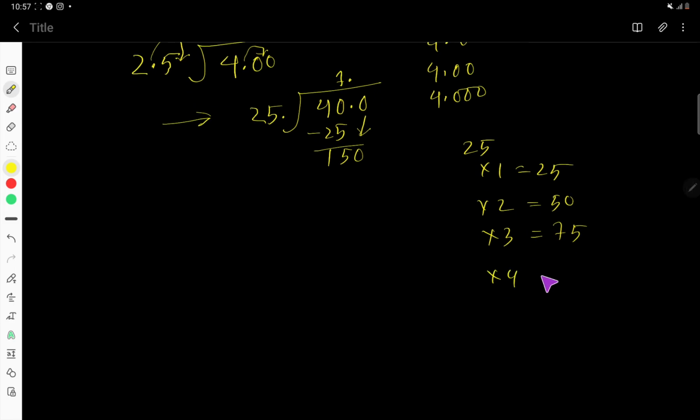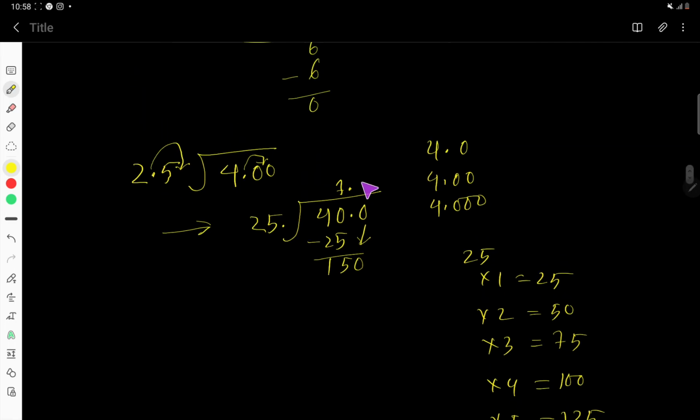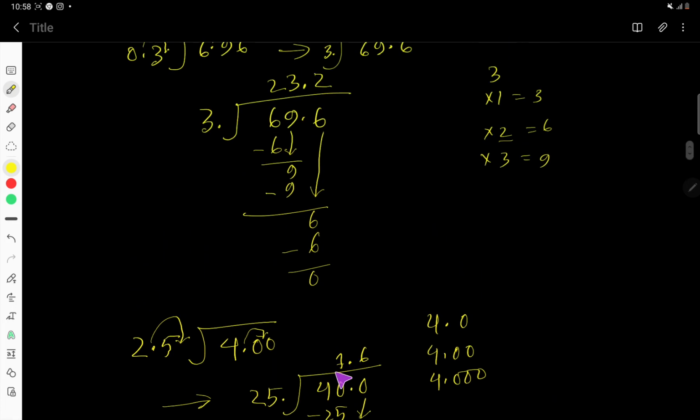Then add 25, then 75 plus 25, that is 100, right? Plus 25 is 125, plus 25 is 150. That is 6 times, right? 6 times 25, 150, 0. So 1.6 is the answer.